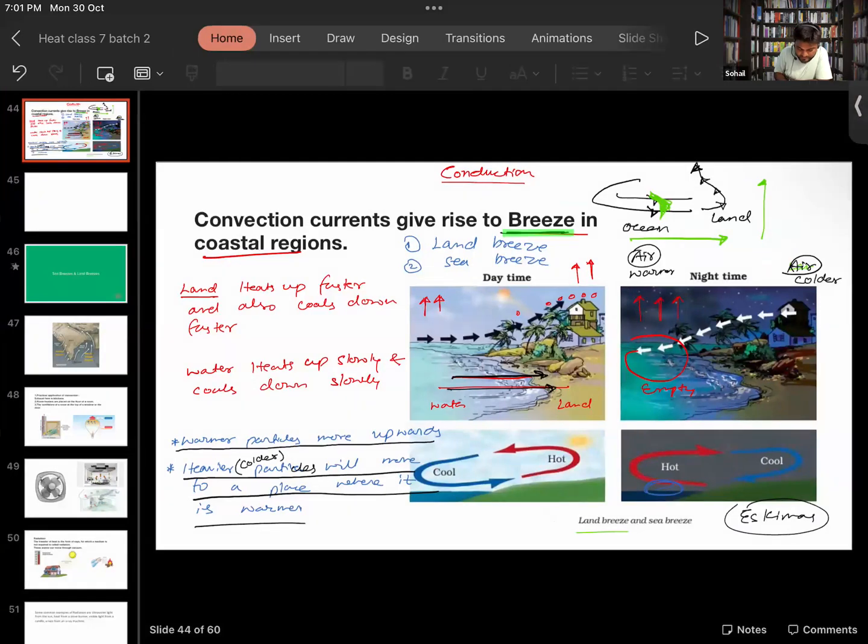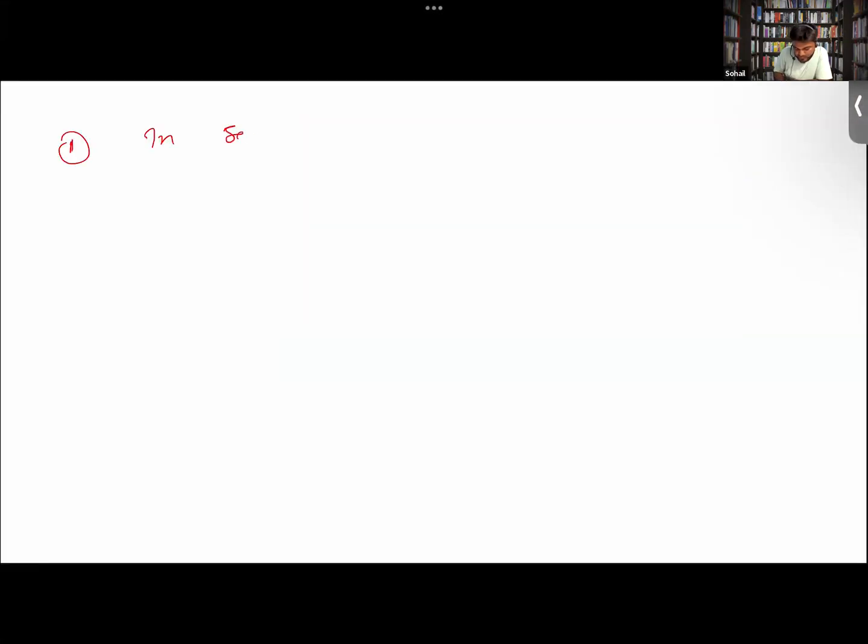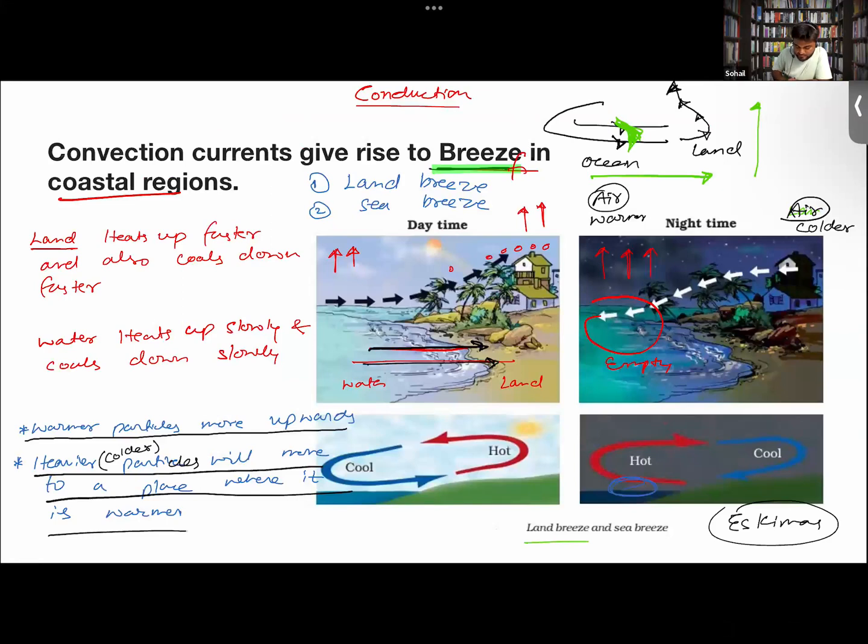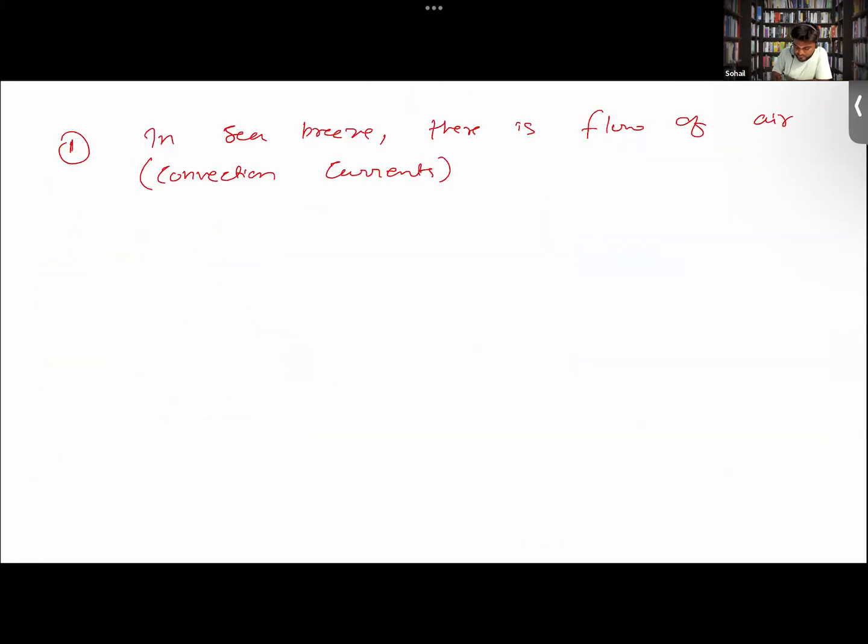One thing we know is that in a sea breeze, there is flow of air or convection currents from sea to land, right?